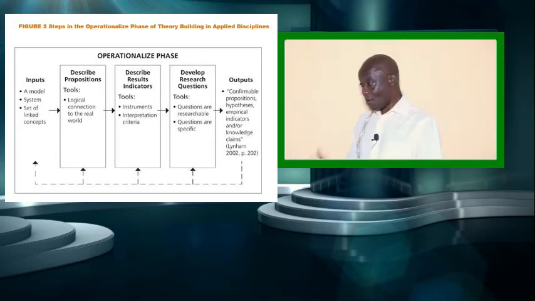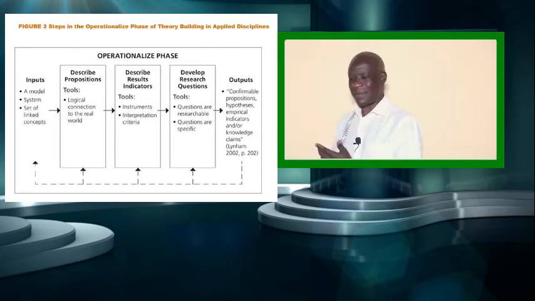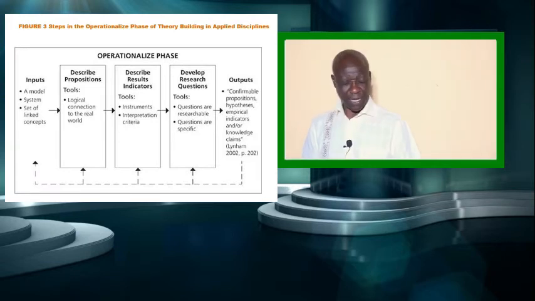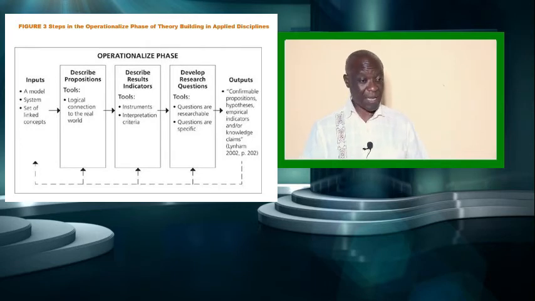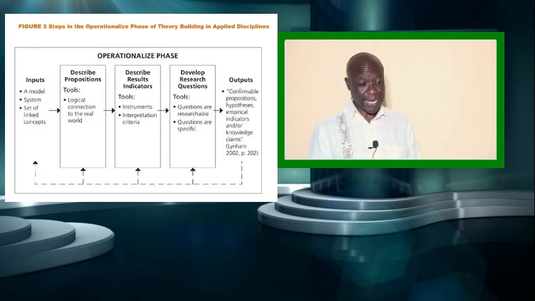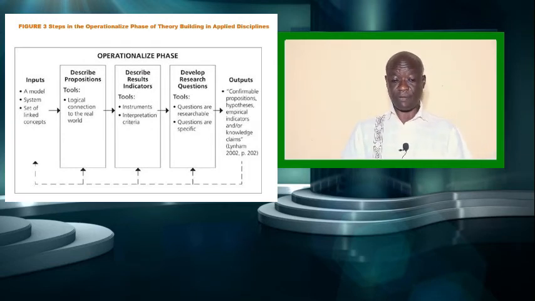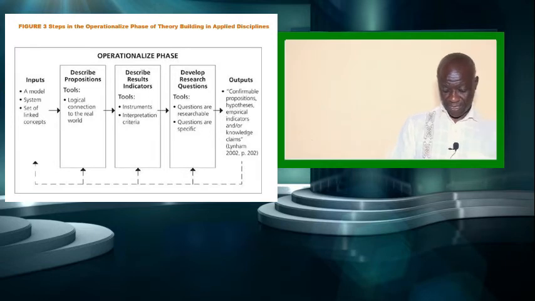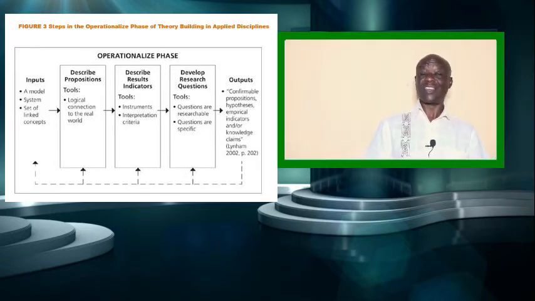So, the core work of describing results indicators is in becoming familiar with existing evidence or measures of the expected results. Therefore, operationalization becomes very important because we must actually search for, locate, review, and compare the existing ways of assessing concepts in a particular theory by using the already existing knowledge.